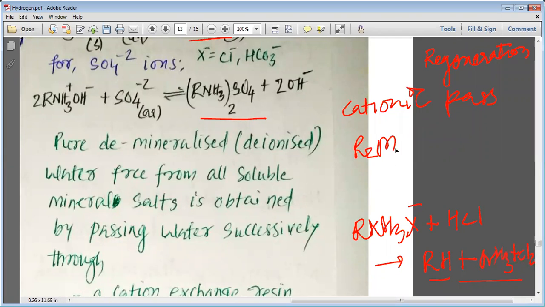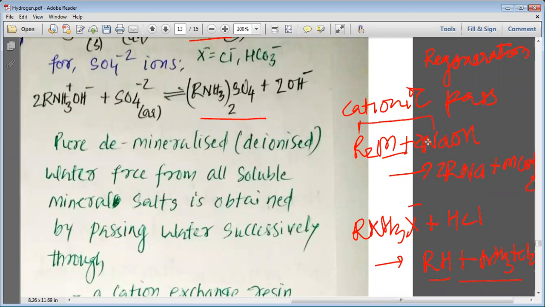And when we allow this R2M to react with any alkali, let's say it reacts with NaOH, that is base, we get RNA, we need 2, so we'll get 2RNA. And then we have MOH twice.